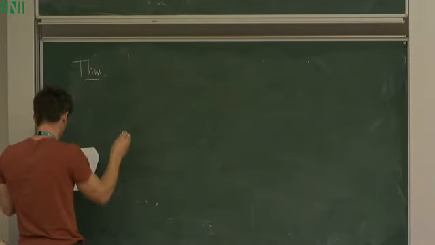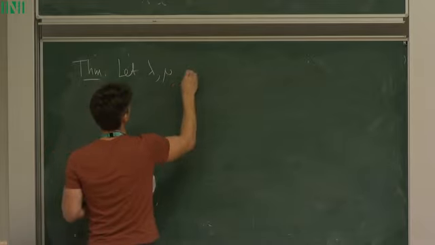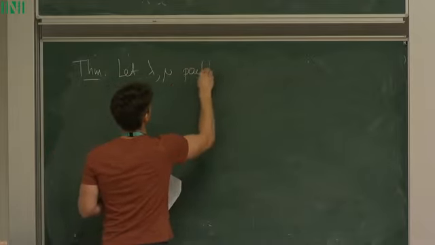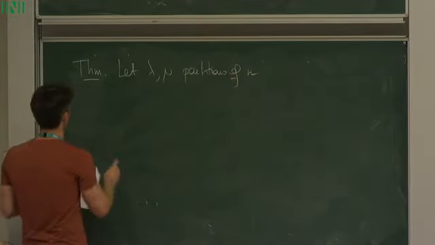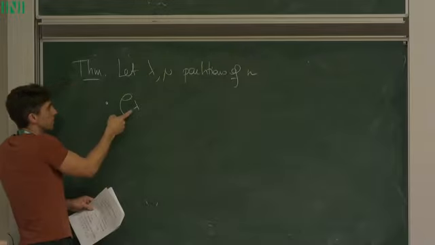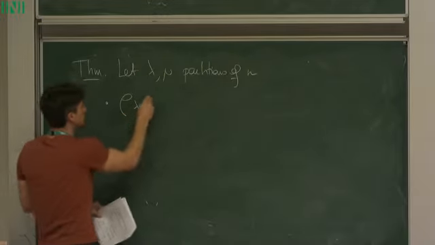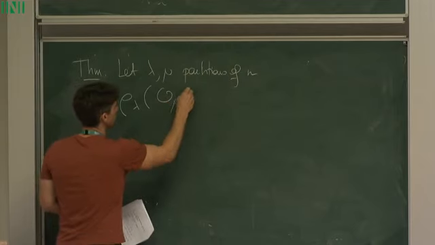It's via the following theorem. So if you start with lambda and mu, two partitions of n, I can consider the unipotent character or the principal series character corresponding to lambda, and I can look at its value on the class corresponding to mu.